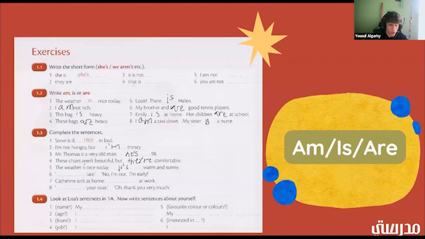So yeah, you could say you are, your, whichever one works. Okay. 7, Catherine isn't at home, blank at work. Okay. So this one would be, she's at work, because Catherine is a girl name. So Catherine isn't at home, she's at work.